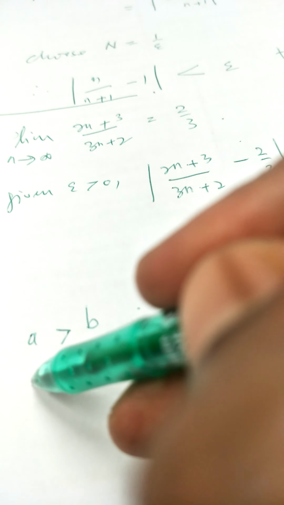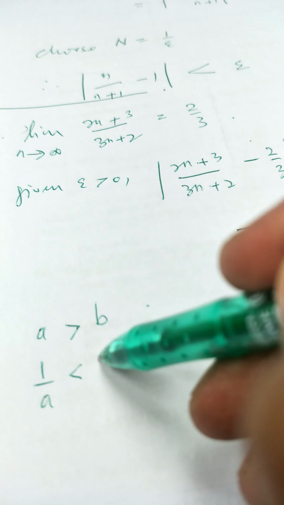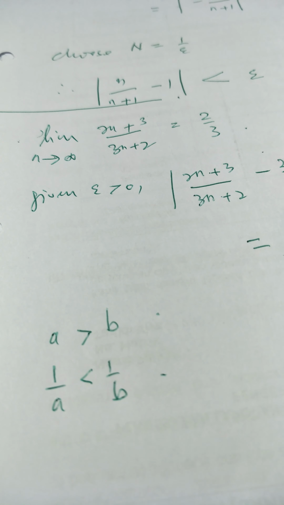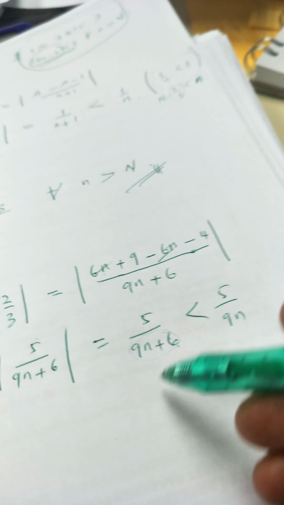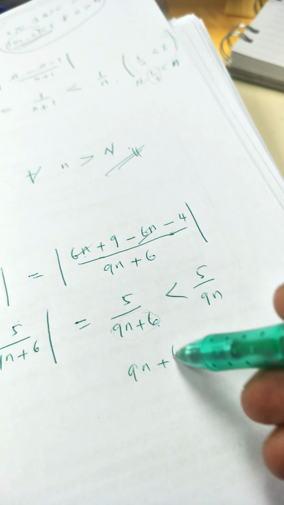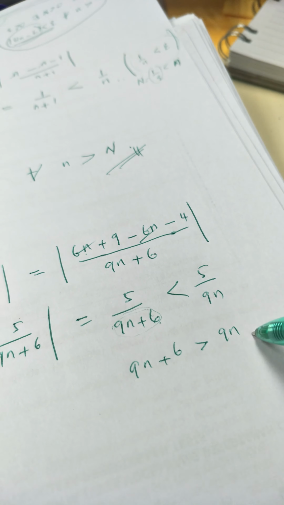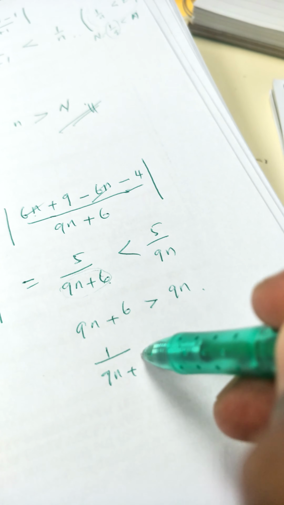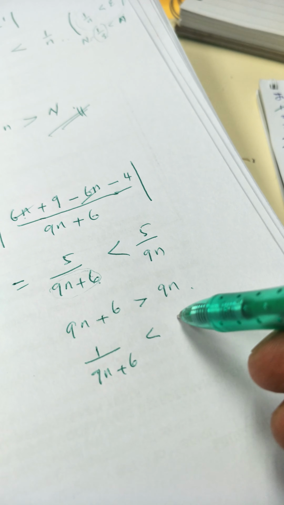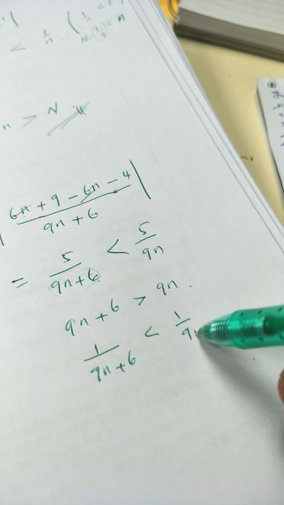Why? I think you know this: if a is greater than b, then 1 over a is less than 1 over b. It is obvious here that 9n plus 6 is greater than 9n. So if we invert, 1 over (9n plus 6) is less than 1 over 9n.